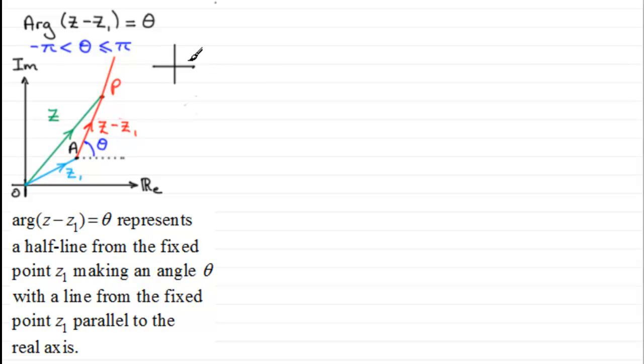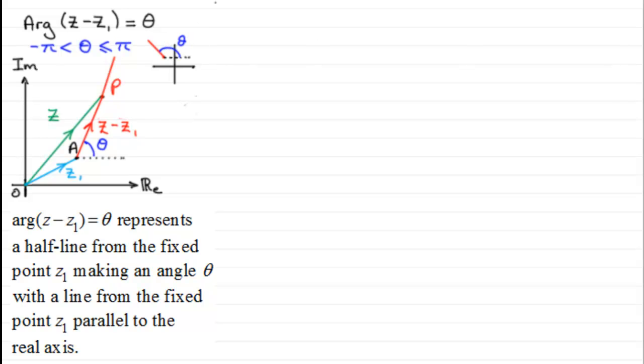I won't mark on the real axis and the imaginary axis here because I'm a bit short of space, but just to give you an idea, we could have a half line from this point here, which is our fixed point z1, and it could be that theta is, say, 3 pi over 4. That would be an angle out here. The line would go from there. If I was to draw a dotted line in there, this would be theta.